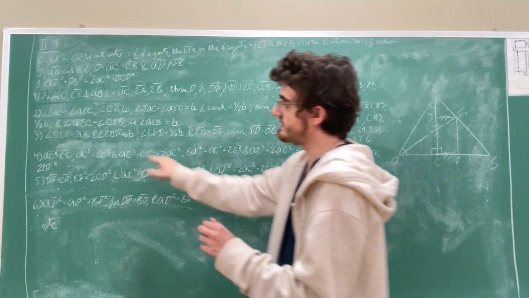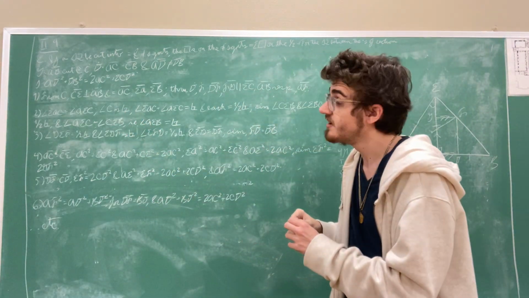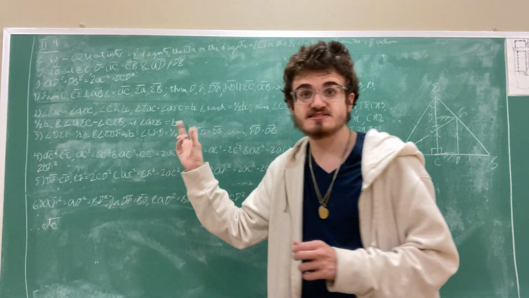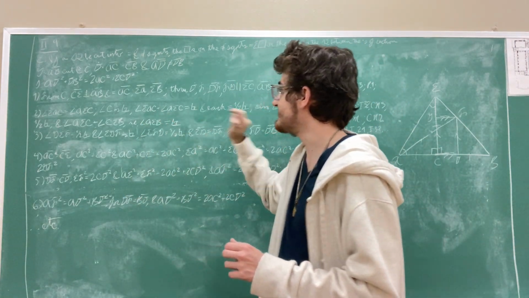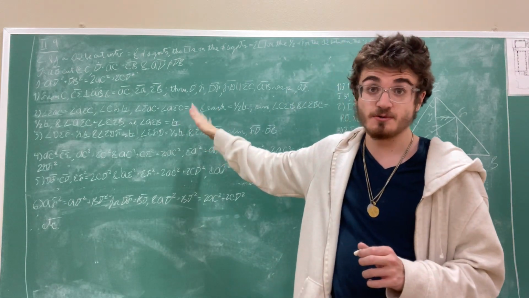And so because we know that the angle at C is a right angle, we can say that the sum of the two remaining angles, here being EAC and AEC, add up to another right angle.